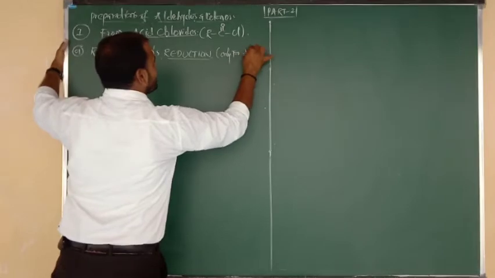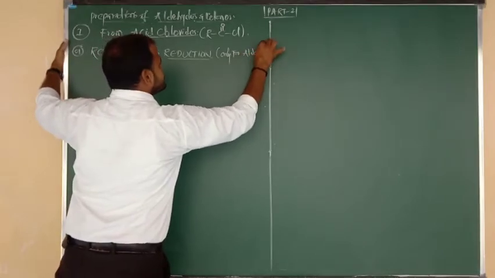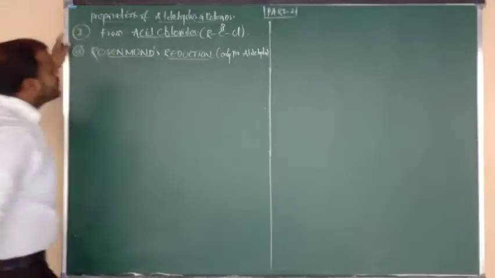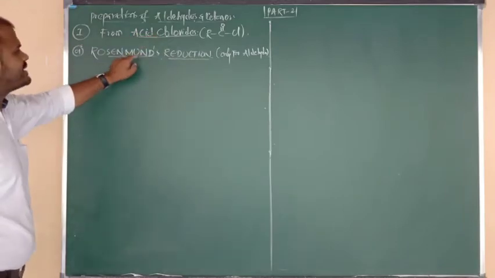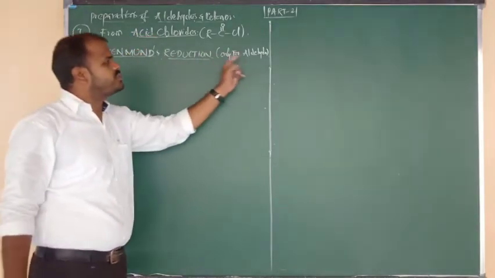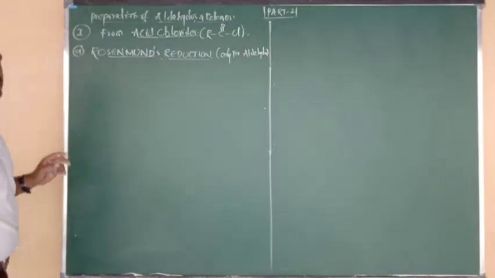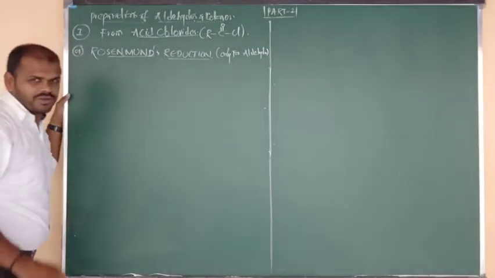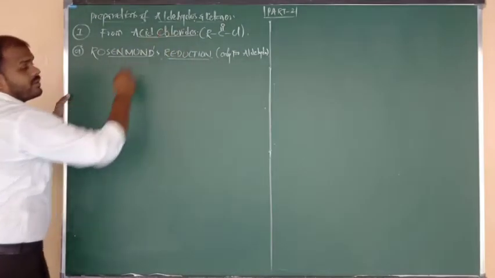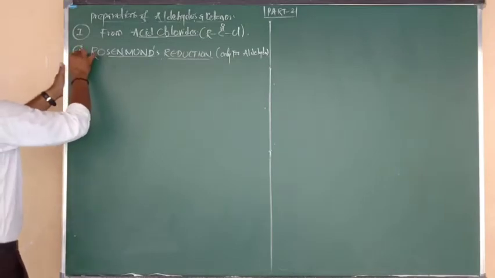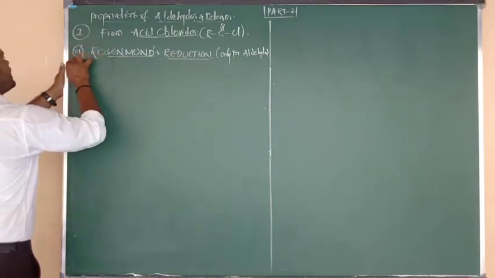We can't prepare ketones by using this method. So from acid halides, by the Rosenmund reduction method, we prepare aldehydes, not ketones, beta. First of all I want to tell you the statement. From which compound? Acid halides. Very important question, beta, a highly guaranteed question.